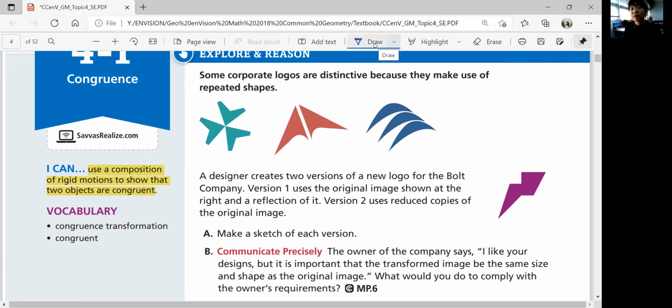It doesn't specify exactly how it looks, but version 1 has the original image with the reflection, and version 2 is a reduced size with the original image, and you design from them. Here are my versions 1 and 2, but make sure you have your own.